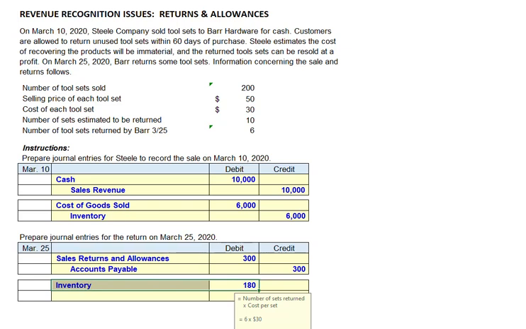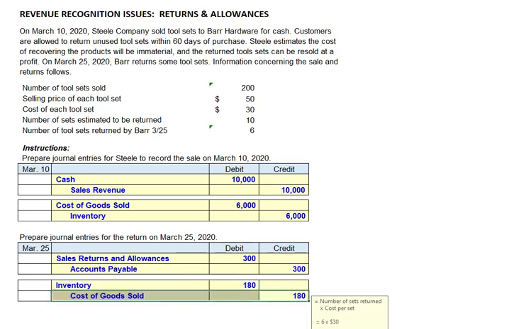We can restore $180 to inventory, and quite often instead of inventory we will use returned inventory to separately identify those types of returns. And of course we will credit cost of goods sold for $180.